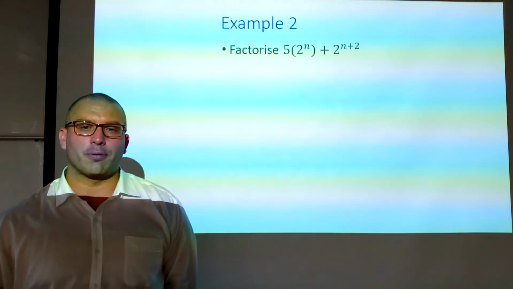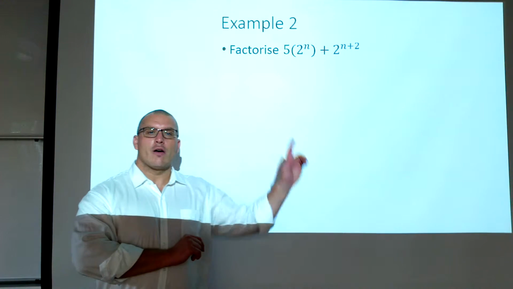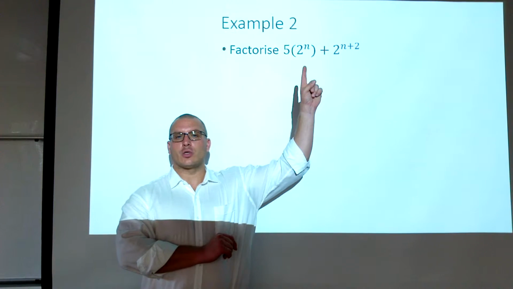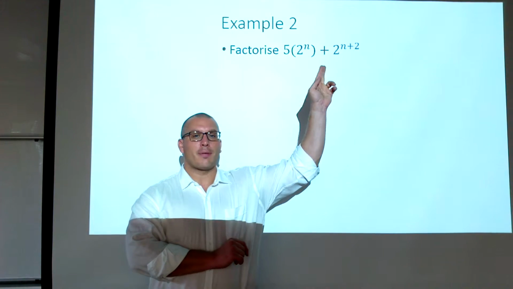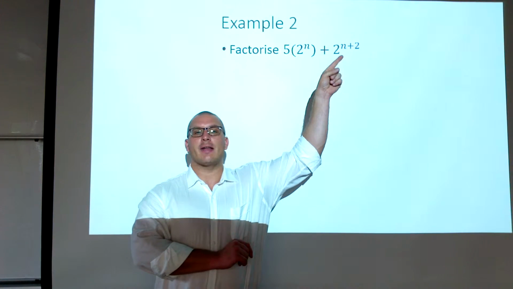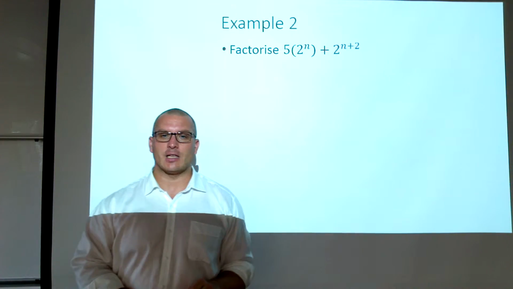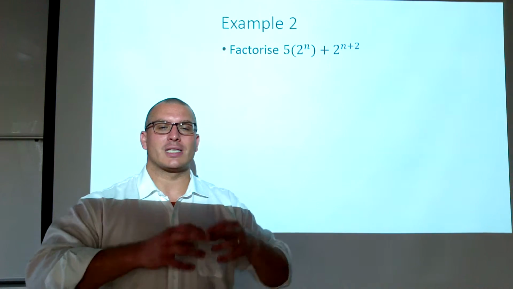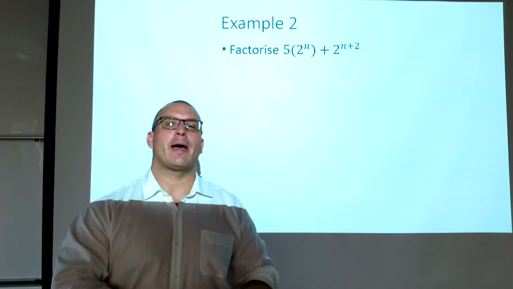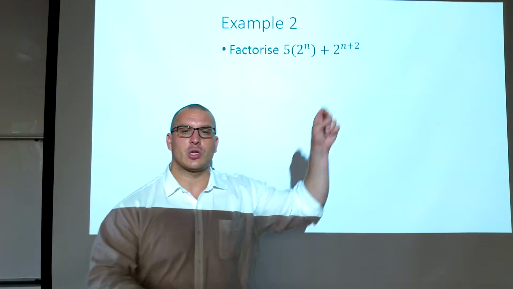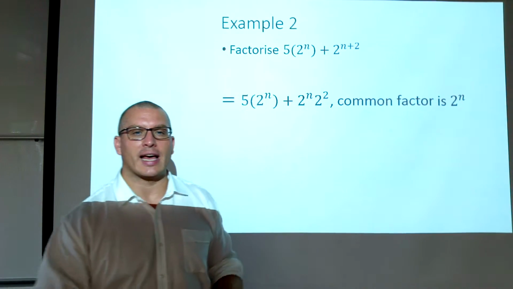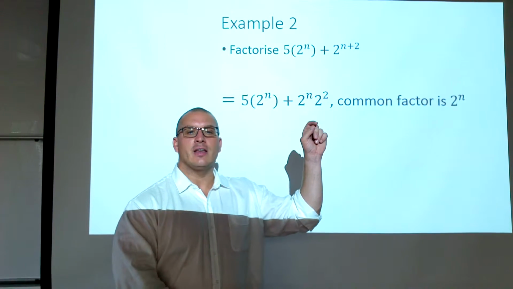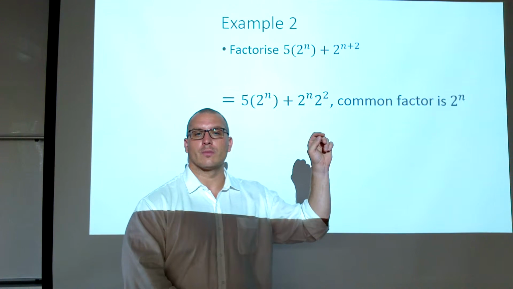Let's try the next example. Here I have 5 multiplied by 2 to the power of n plus 2 to the power of n plus 2. Again, as we said, when we're multiplying exponents with the same base, we simply add their powers together. So this second term here can be rewritten as 2 to the power of n times 2 to the power of 2.